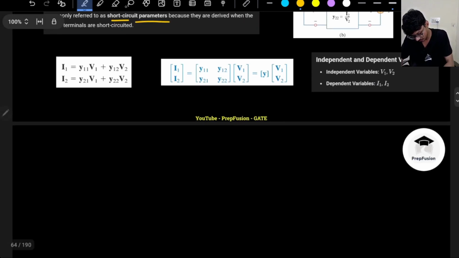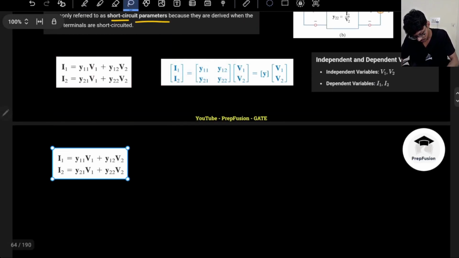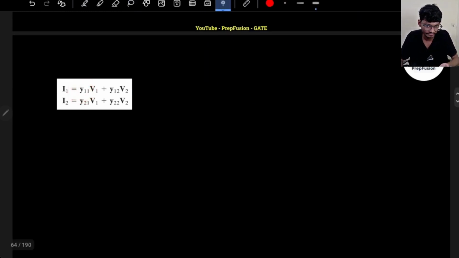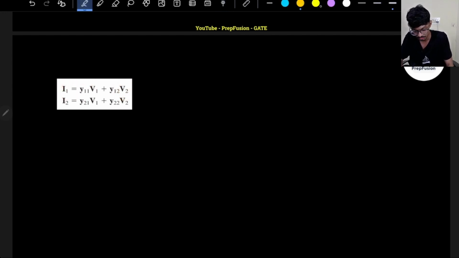So if I come back here, this is my equation. If I wanted to find out Y11, how would I find out? I will make V2 0 and then write I1 by V1, that will be equal to Y11. So to find out Y11, I will make V2 0.